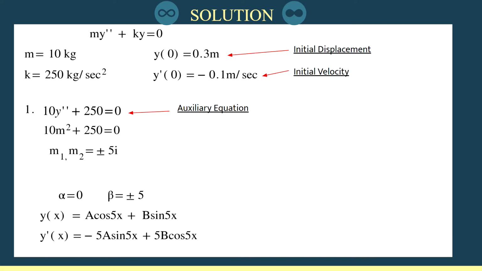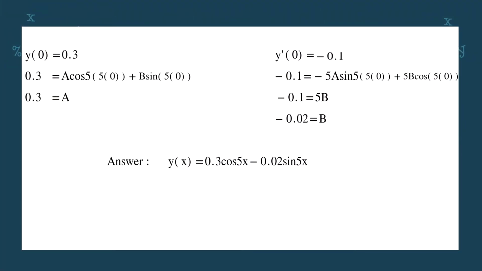Then, we have to differentiate y(x), thus it will become y'(x) equals negative 5a sin 5x plus 5b cos 5x. From the initial values, y(0) equal to 0.3 and y'(0) equal to negative 0.1, we have to insert the values of x and y respectively into both y(x) and y'(x).